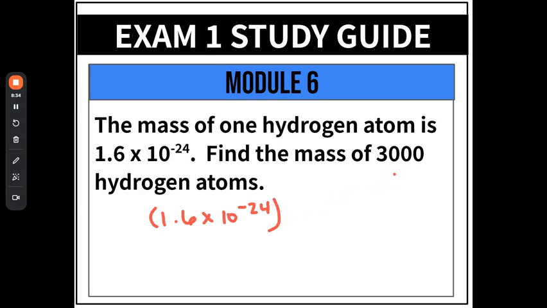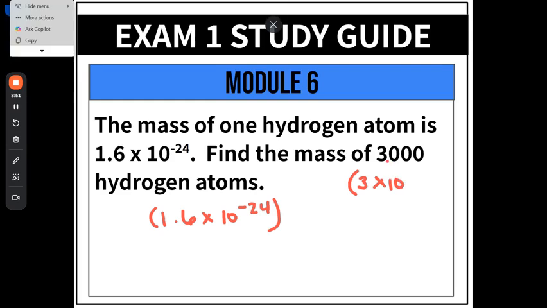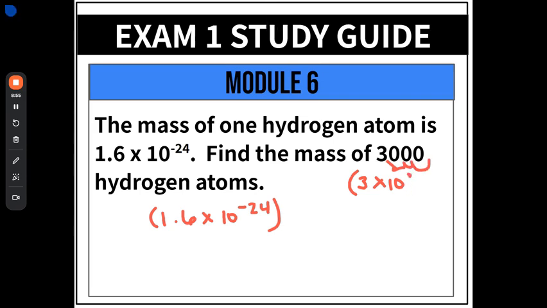We could write times 3,000, but just to make it easier on ourselves, I'm going to rewrite this in scientific notation. So 3,000 in scientific notation is going to be 3 times 10 to the, the decimal would be right here, and I would move 1, 2, 3 to the right. So 3 times 10 to the third.